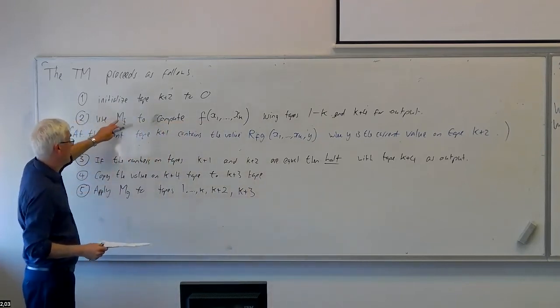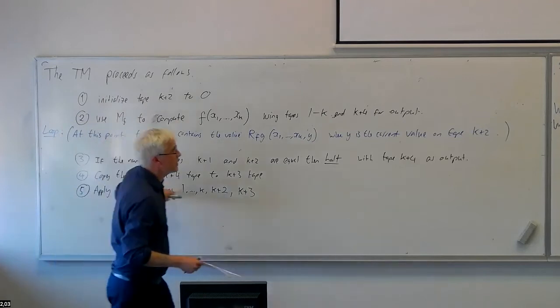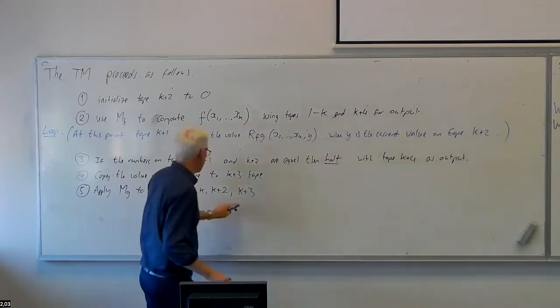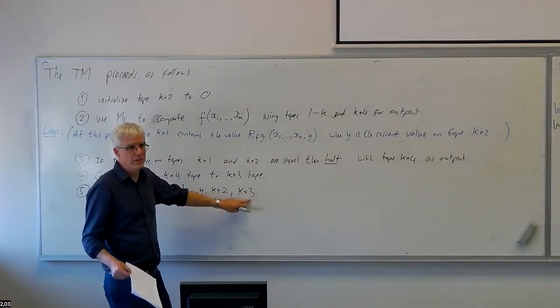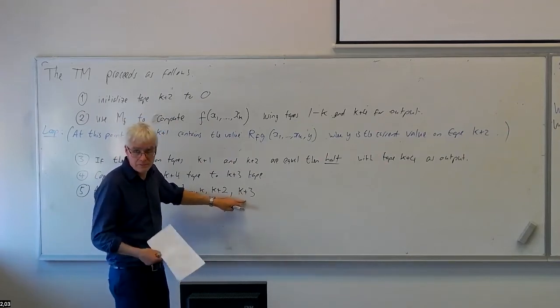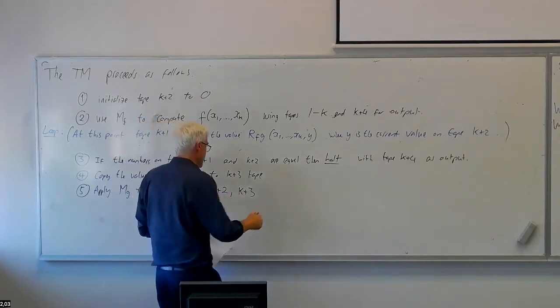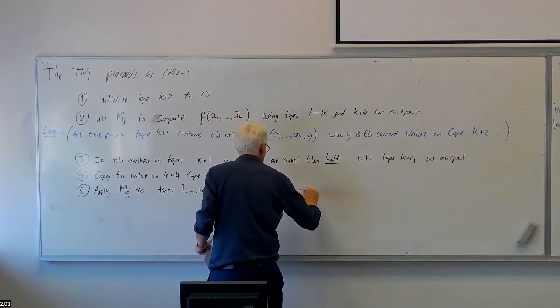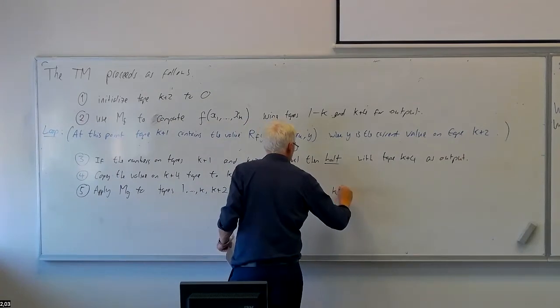Now, the Turing machine for G is a k plus 3 tape Turing machine. Here we're only using k plus 2 tapes. These are the input tapes for G, and the other tape is the output tape. And so here we want to return the output on k plus 4.